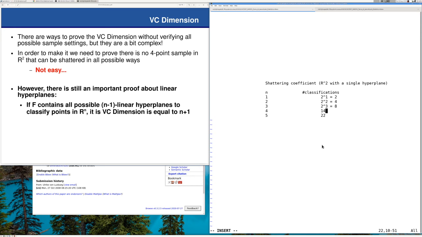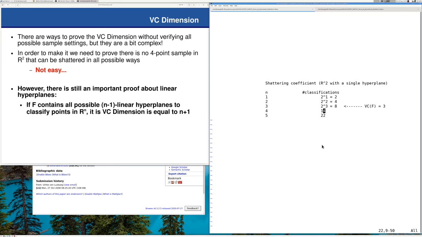What's interesting is that the greatest sample that can be classified in every possible way defines the Vapnik-Chervonenkis dimension of my algorithm bias, which is 3.